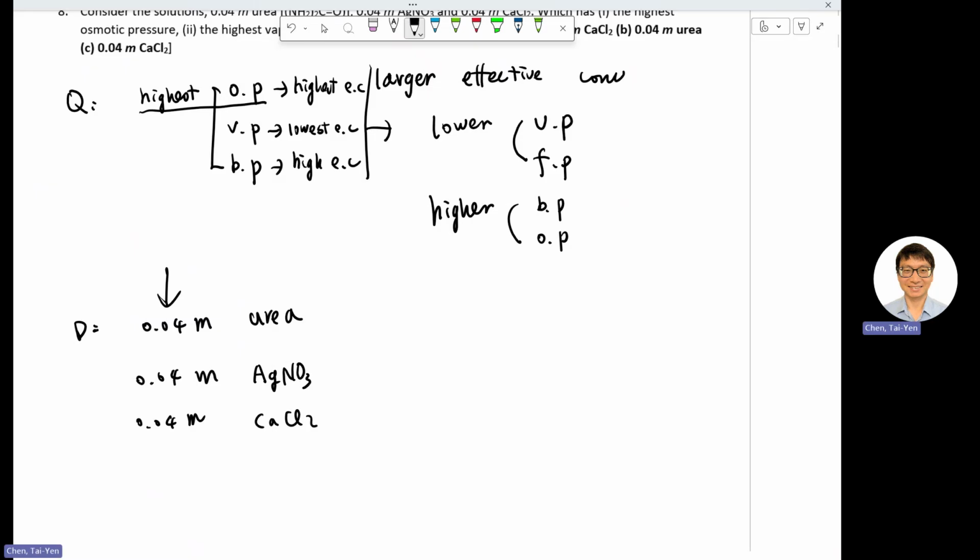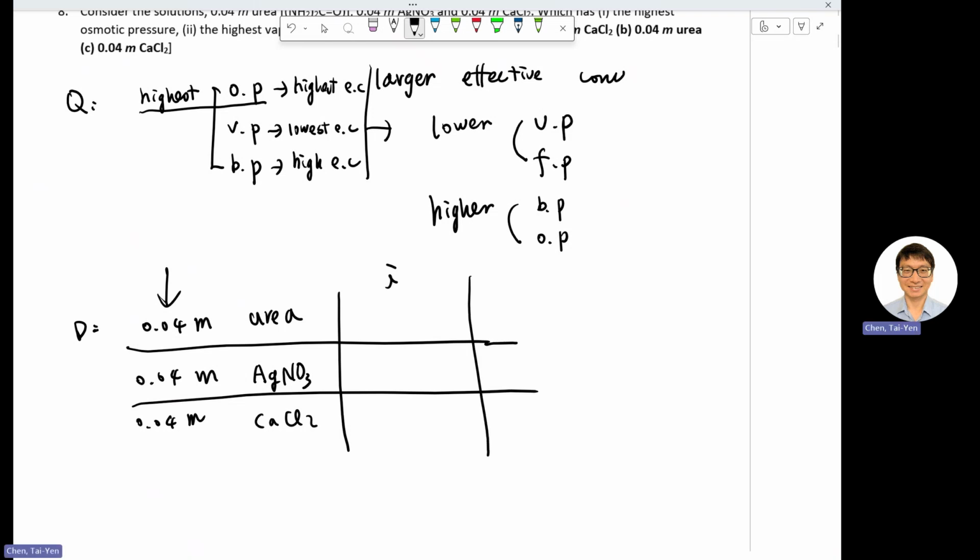That is not your effective concentration, right? To calculate the effective concentration, you need to multiply that given concentration by the van't Hoff coefficient i, right? So now, how do we know what the i is? What's the i for this?